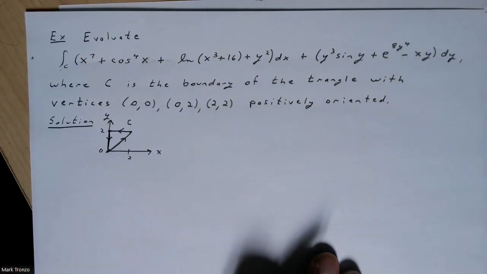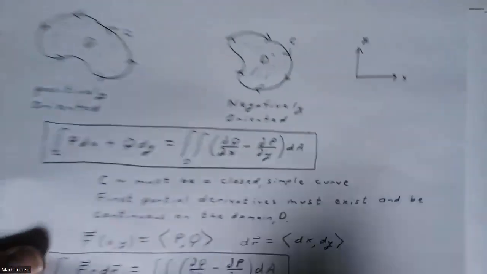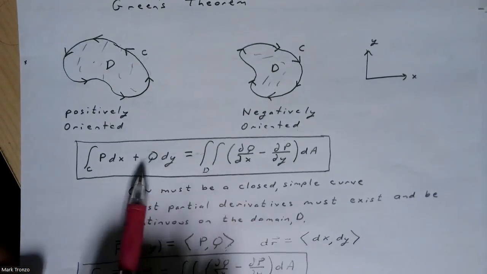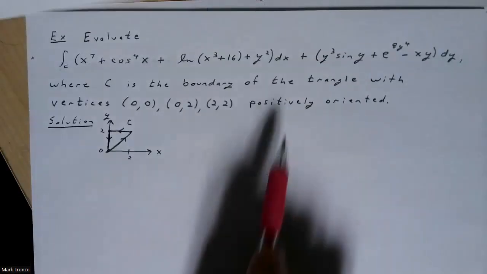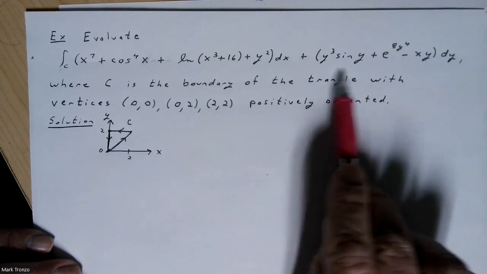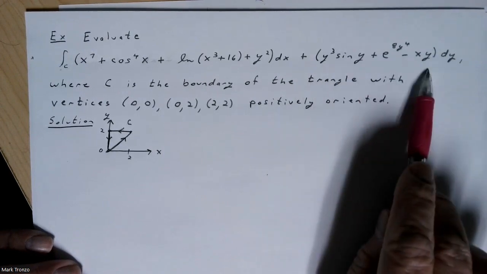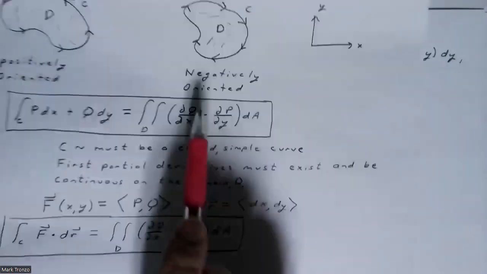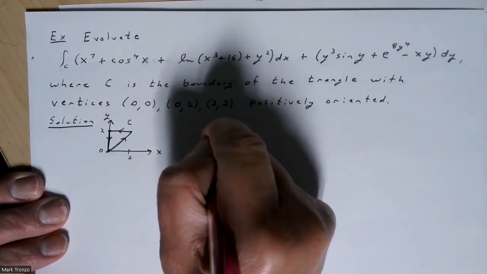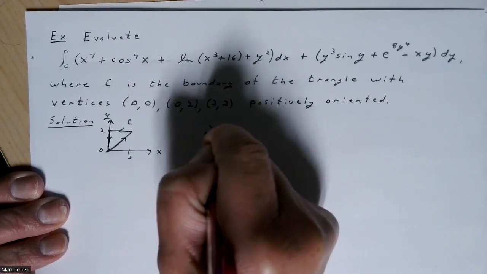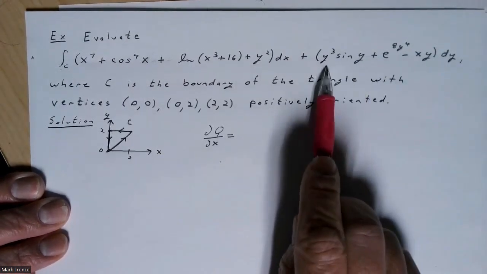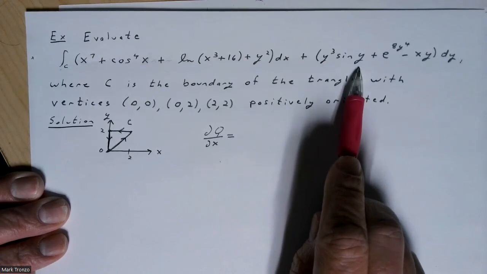And so let's take a look at this. As I said, first of all, we're going to need to do dQ/dx. So we have to identify Q. Q is whatever is multiplied by dy, that's this over here. And we're going to need to do dQ/dx. So let's do that. Now that has just y's, that's going to go away.